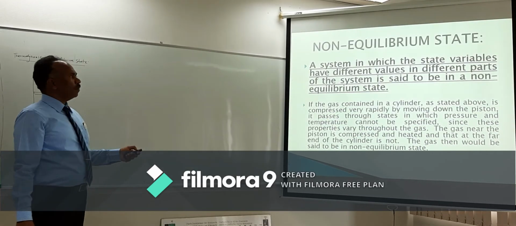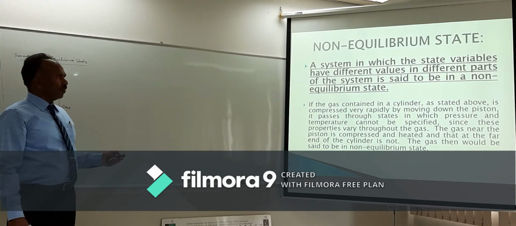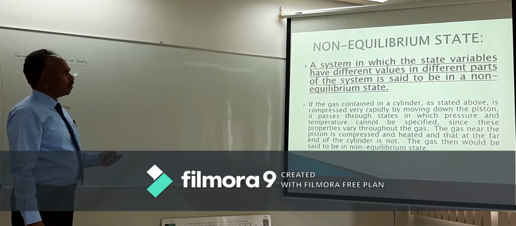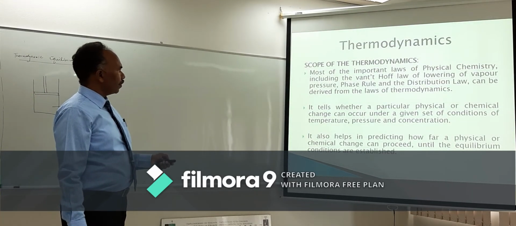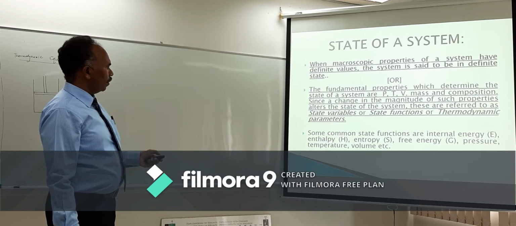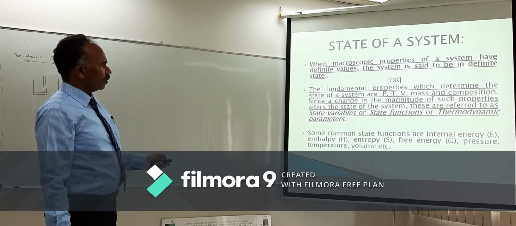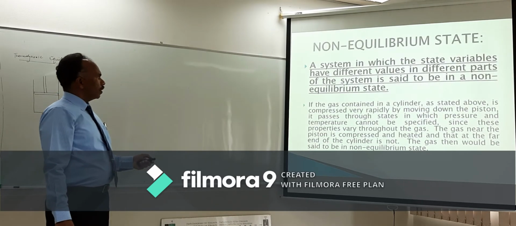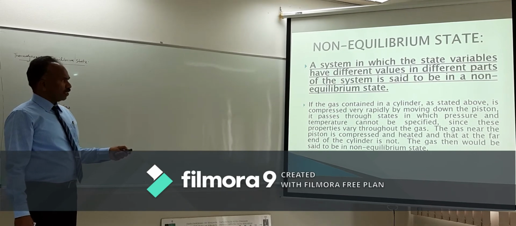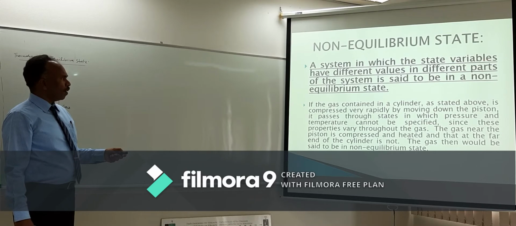Now, non-equilibrium state. What is non-equilibrium state? A system in which the state variables have different values. We already know what state variables are: pressure, temperature, volume, mass, composition, etc. A system in which the state variables have different values in different parts of the system is said to be in a non-equilibrium state.